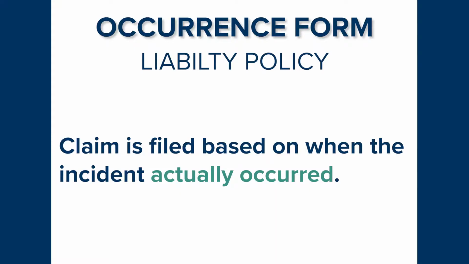And so the differences between an occurrence form and a claims-made form, at the basis of it, it's in their names. So an occurrence form policy, you file a claim based on when the incident actually occurred.